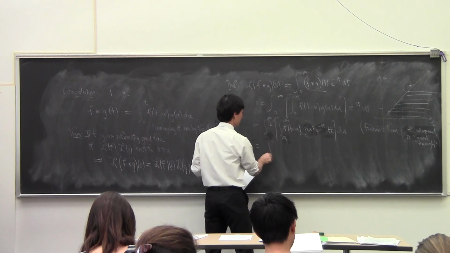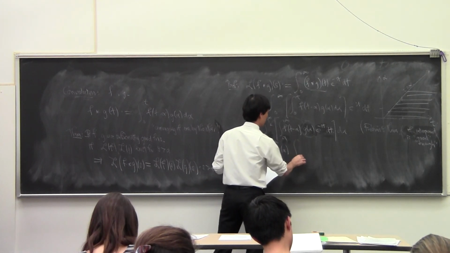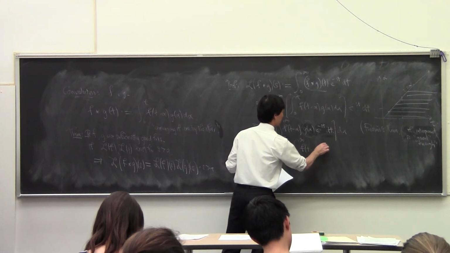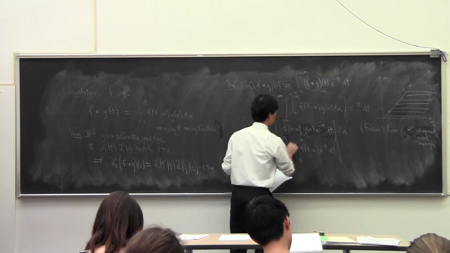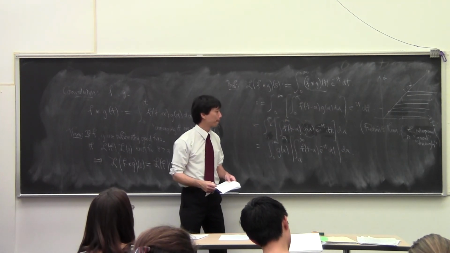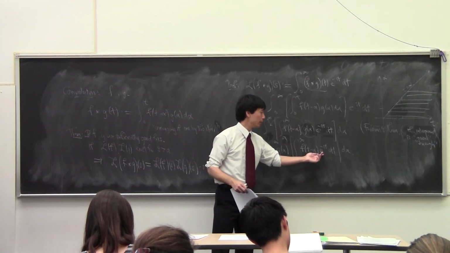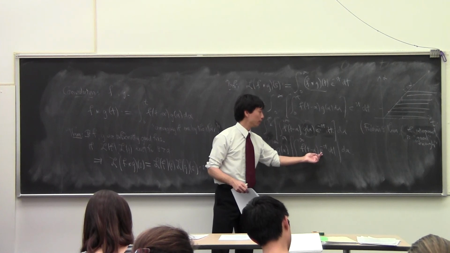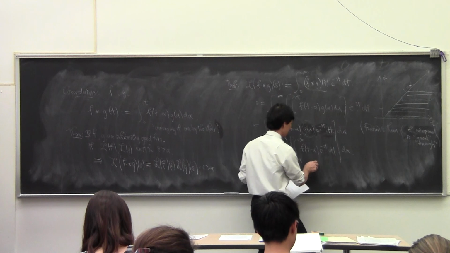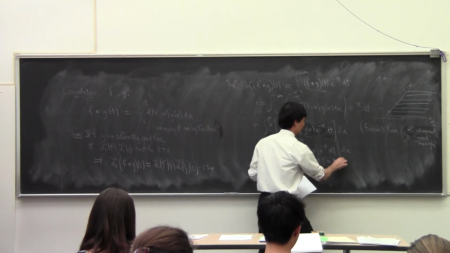So we integrate this thing, we don't integrate that thing. We pull that thing out, f of t minus alpha, e to the minus st dt, d alpha. And then to make this look more like a Laplace transform, we're going to do a change of variable. Let c be t minus alpha.